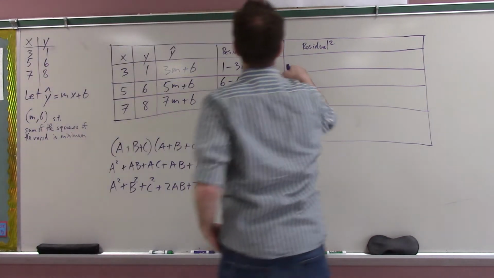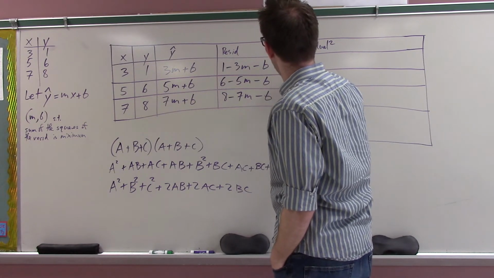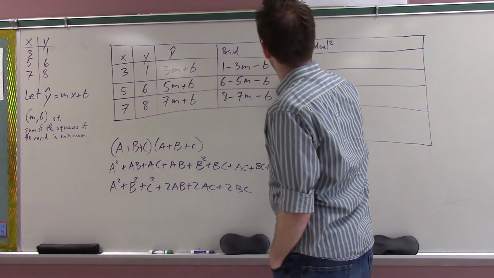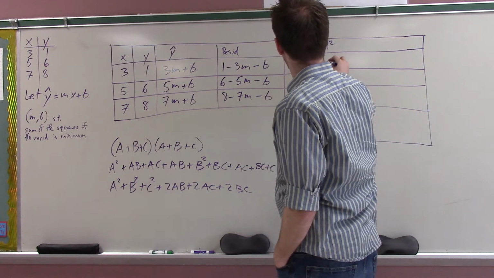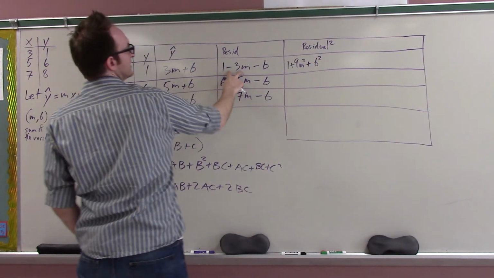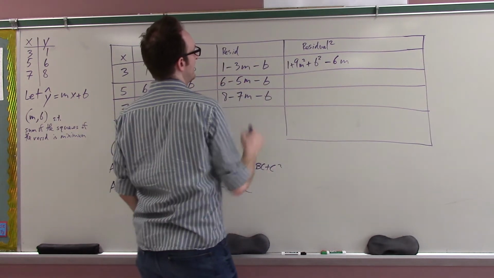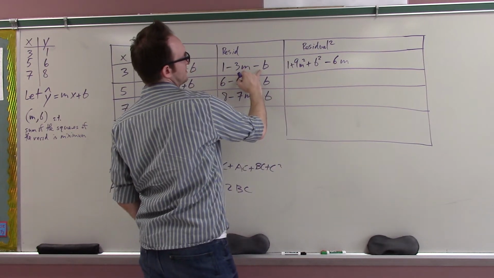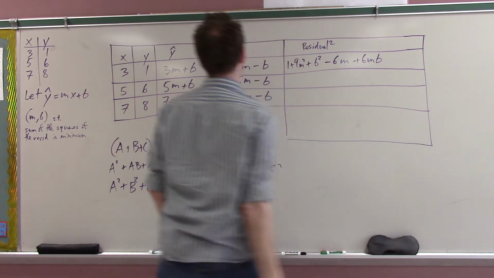All right, so we do it. We're going to get 1, that first number squared, plus 9m squared, plus b squared, and then plus twice the product of these two, so minus 6m, then plus the product of these two, so it's going to be plus 6mb, I guess.